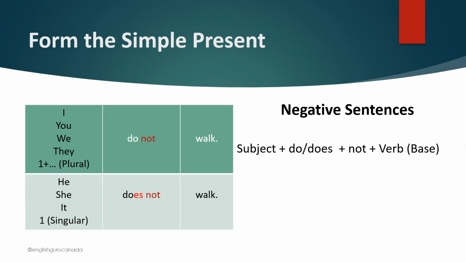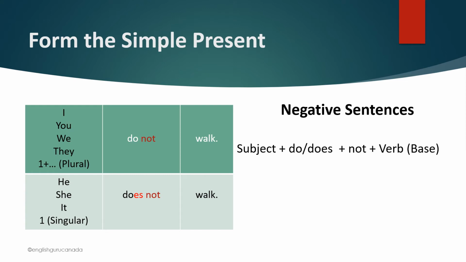Now let's talk about forming a negative sentence. So a negative sentence structure would have a subject, then we have do or does, and it would take not, and then the base verb. Now I have written base over here because the verb will never take an S or ES in the negative sentence.